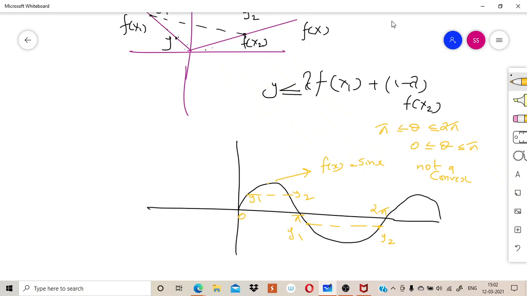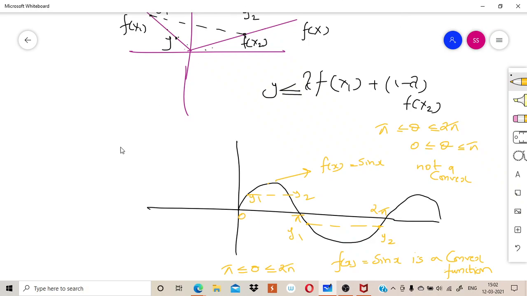So we can say that f of x equal to sin x is a convex function in this range of theta, pi less than or equal to theta less than or equal to 2 pi.